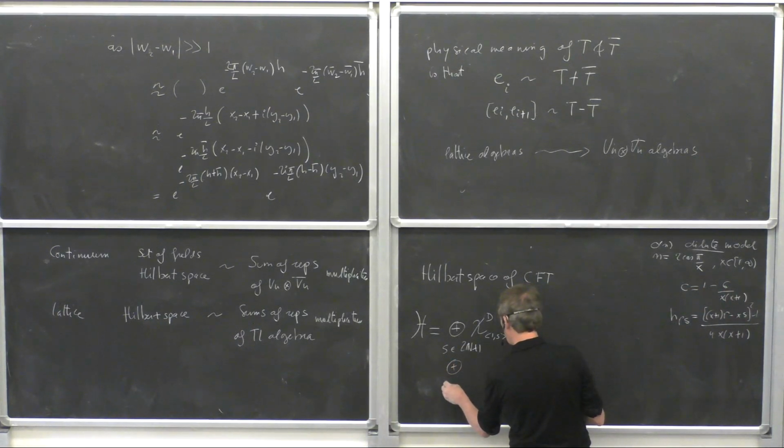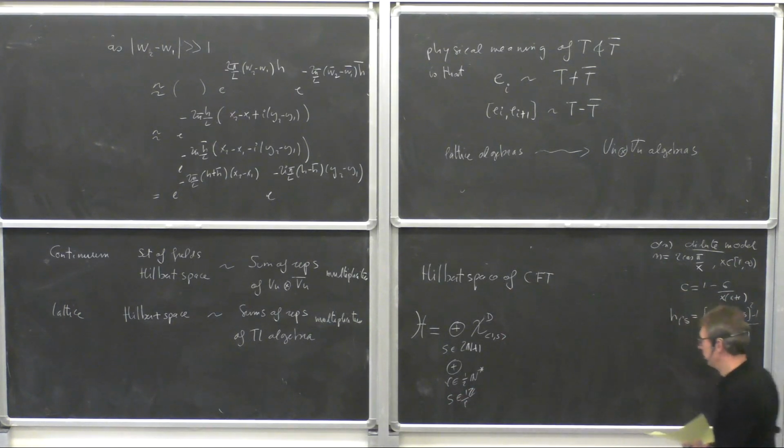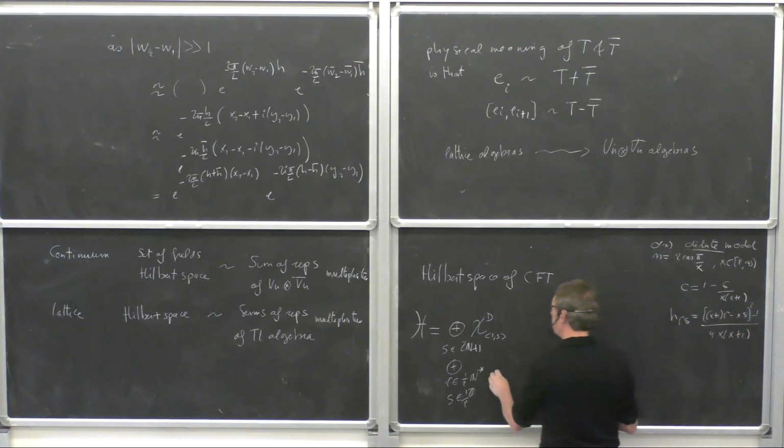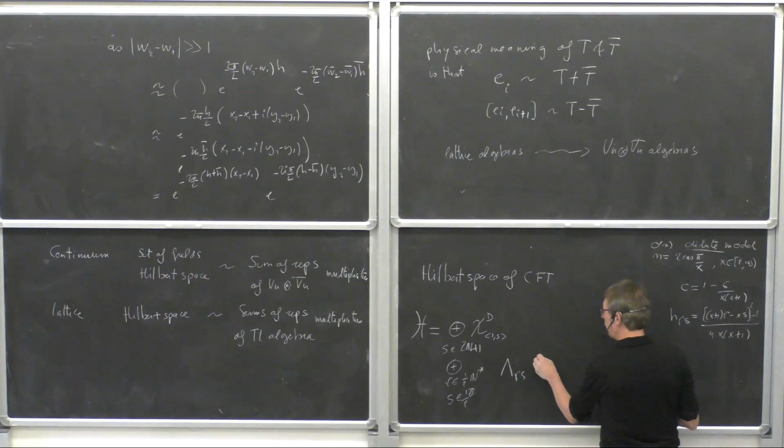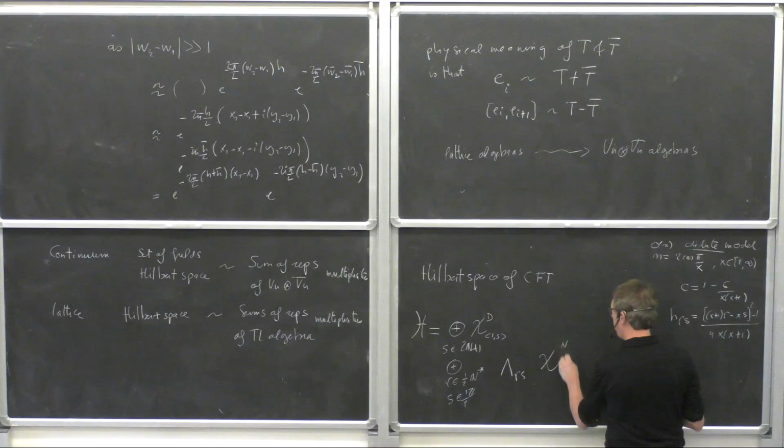Plus, we have a sum where r is a half integer and s belongs to 1 over r Z, and that's really something a little bit complicated, we're having a multiplicity space times some other representation of the Virasoro algebra.